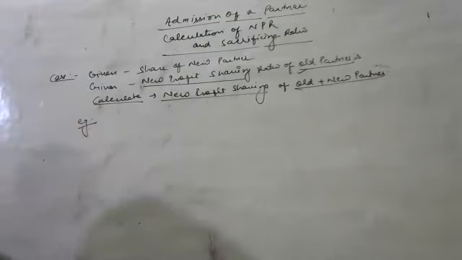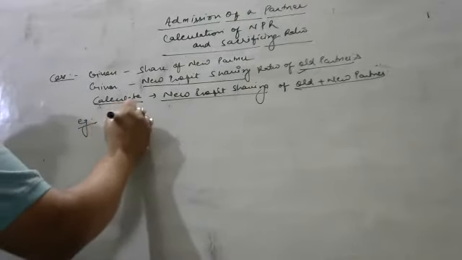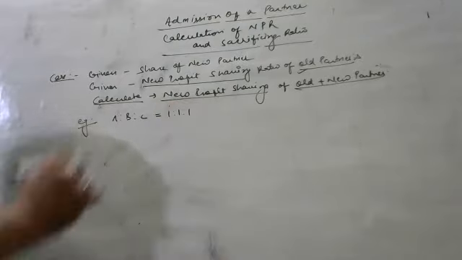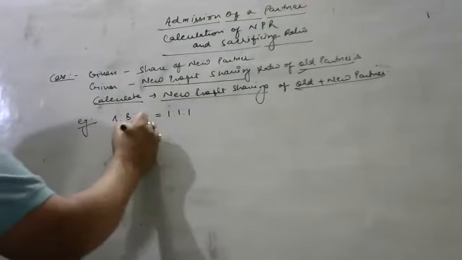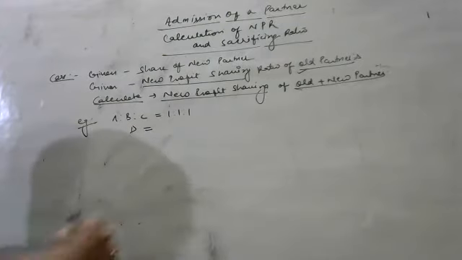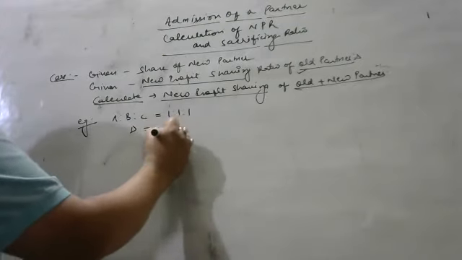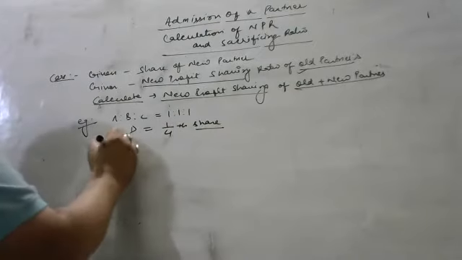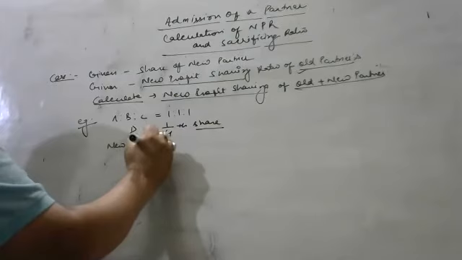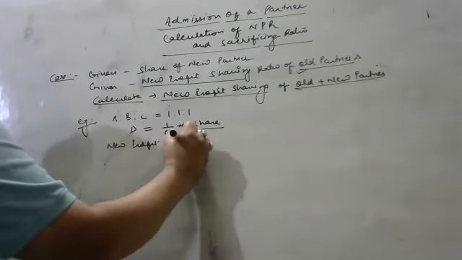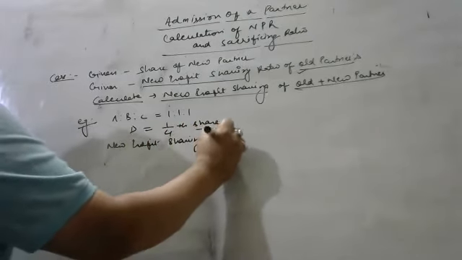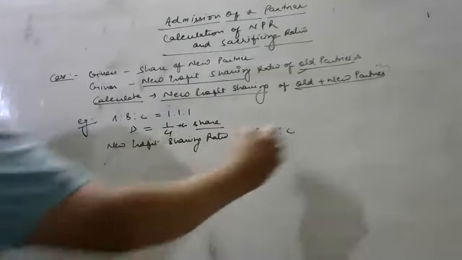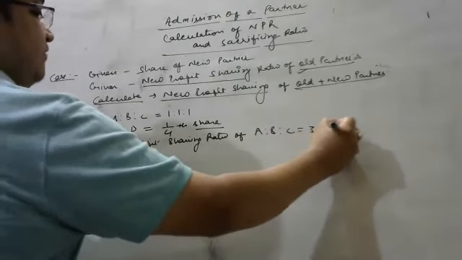We are taking one example. Suppose A, B, C are partners and their profit sharing ratio was 1:1:1, equally. They are admitting a new partner, that is D, for suppose 1/4 share in the profit. And the new profit sharing ratio of the old partners, that is A, B, C, is given suppose 3:2:1.